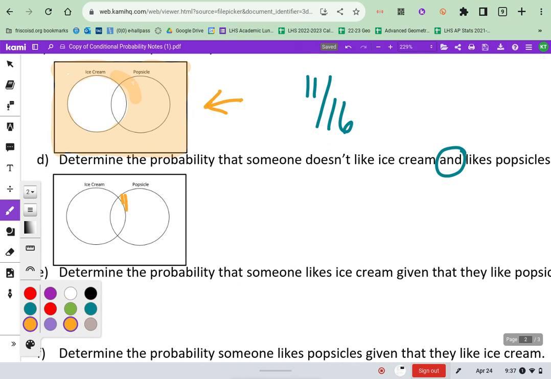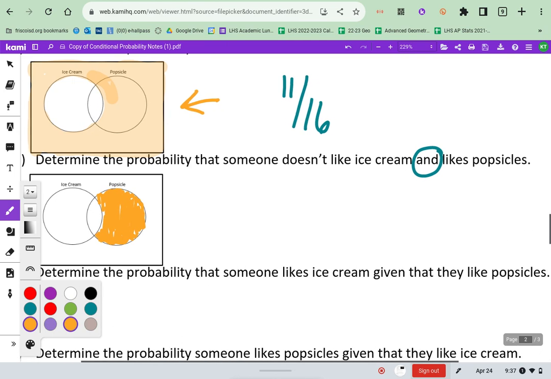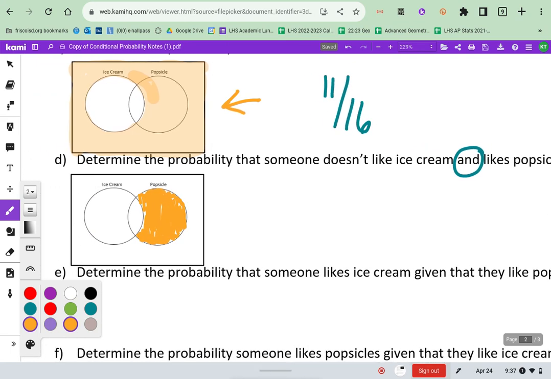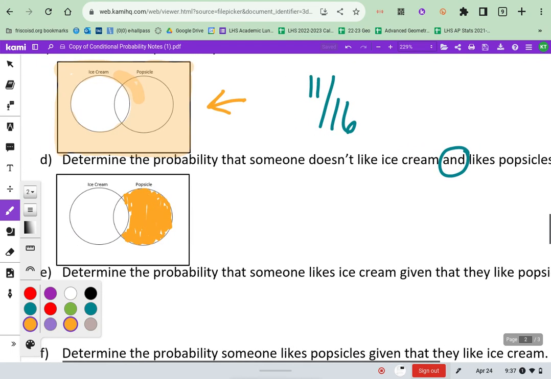Well, that would be just the part of the popsicle circle, not the overlap. So not the whole popsicle circle, but just the part that's only popsicles, not popsicles and ice cream. So these are the people that like popsicles and also don't like ice cream. So in that part of our circle, we had 7 out of 16 people.